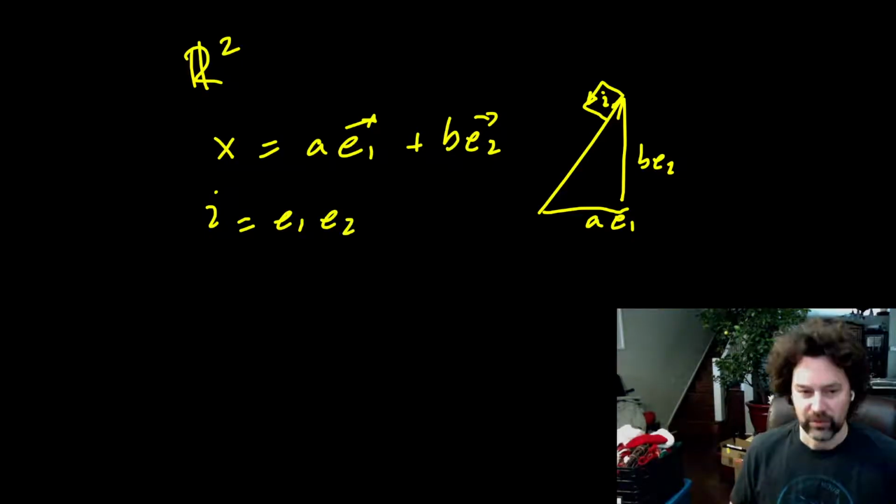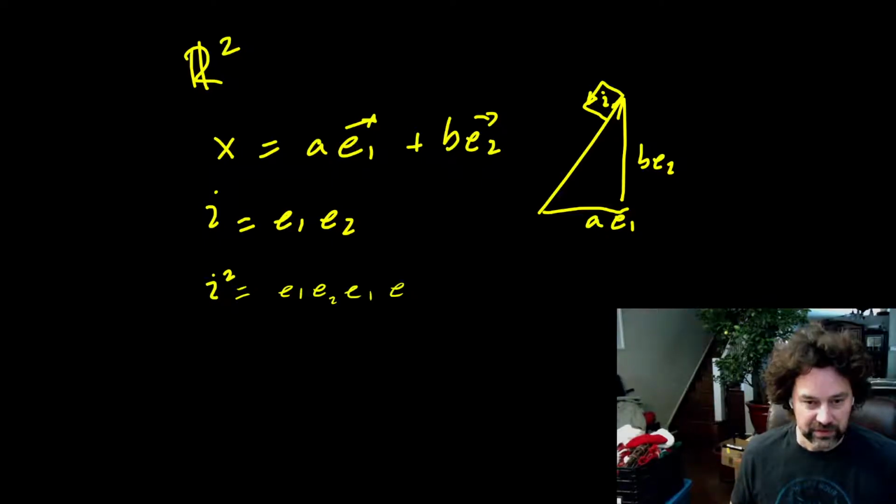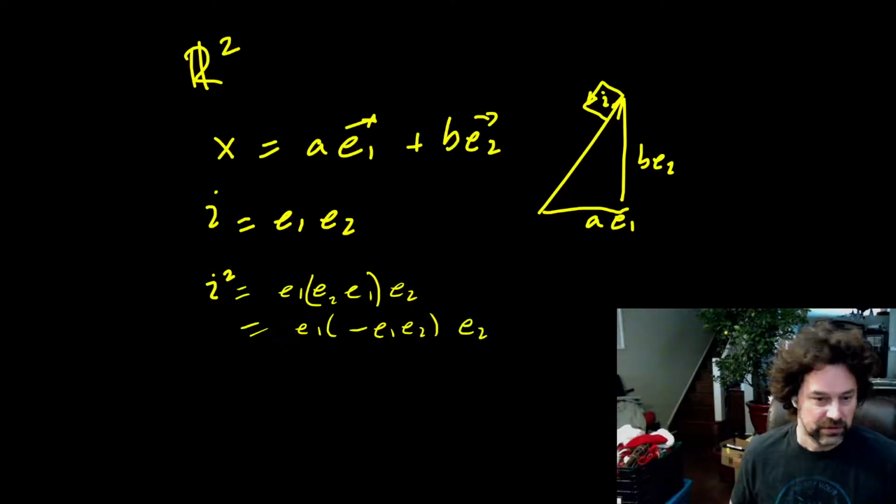And I'm calling this I because it has the behaviors of a complex imaginary. Specifically, if we have I squared, it's E1 times E2 times E1 times E2. I'm free to group these any way I want, and I can write that as E1 times minus E1 E2 times E2, which I can write as minus E1 squared, E2 squared.